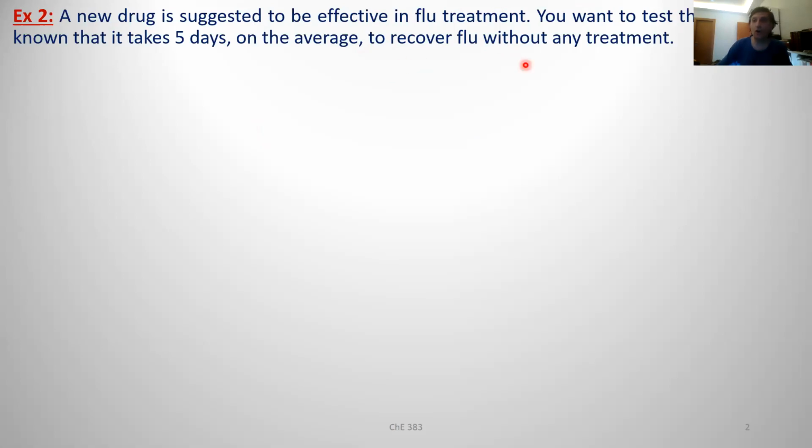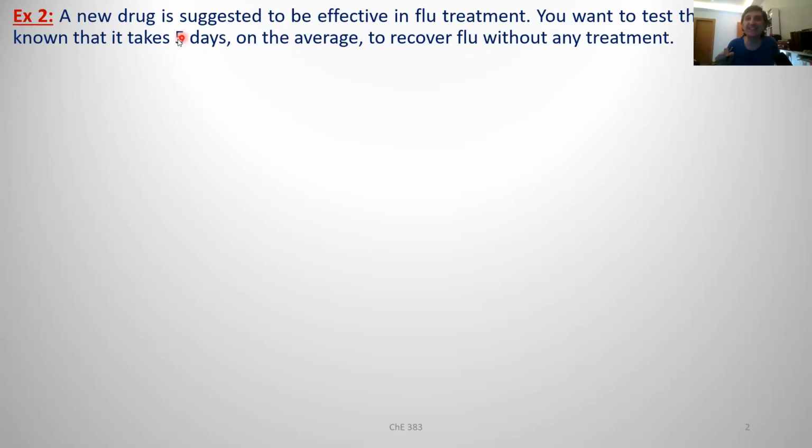And it is known that it takes 5 days on average to recover from flu without any treatment. Now, this information, if it is valid, and actually I just made it up, of course, based on some experience, but I would need more scientific evidence for that. Anyway, this corresponds to the population average.